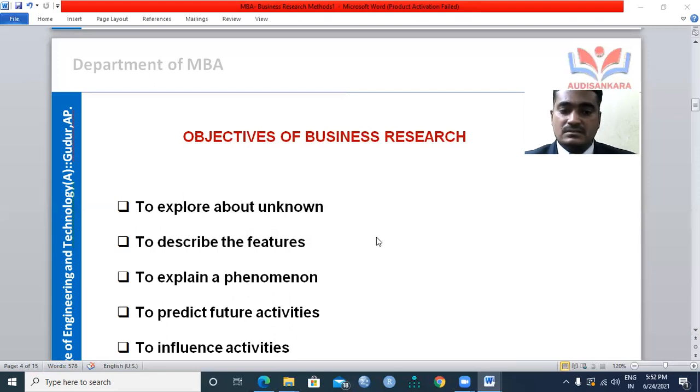And to describe the features, with the help of descriptive statistics, with the help of a GUI, graphical user interface, with the help of various kinds of charts, like pie chart, line chart, bar chart, dot chart, scatter plot chart, nested bar chart, nested pie chart, area chart, we can describe the features of a particular phenomenon, even after collection of data related to the particular incident, and we can explain a phenomenon related to the particular area.